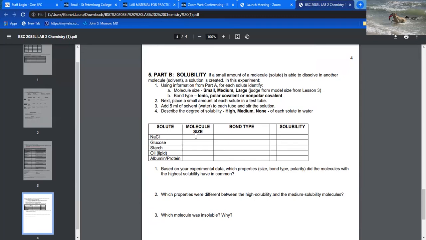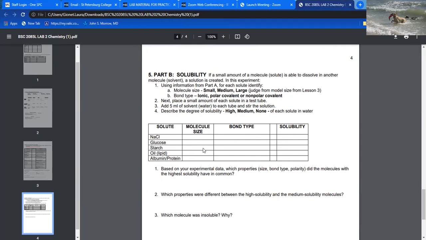So we're talking about the solute in water. All right, so sodium chloride: molecular size small, bond type is ionic, and its solubility is high. I mean, how easily does salt dissolve in water? Pretty easily, especially if you just stir it. Okay, glucose. It's relatively small as well because it is a building block. Bond type is polar covalent and its solubility is high. Starch, its molecular size is large.